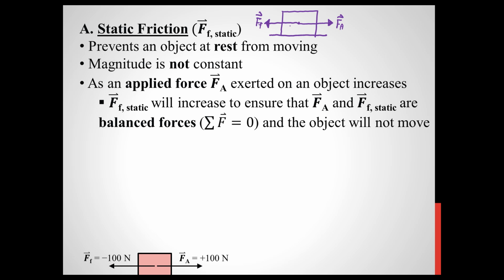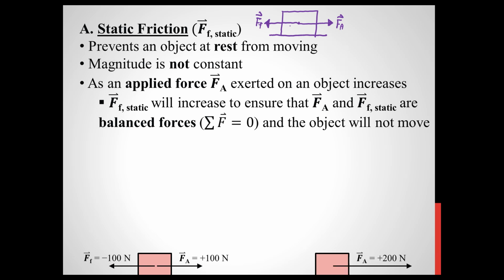If you look at the sum of the forces in the x direction, it would just be Fa plus Ff, which would be positive 100 newtons plus negative 100 newtons. The net force would be 0. If the net force is 0, then the object doesn't move. So static friction is the force of friction in this situation that is preventing me from moving in the first place.